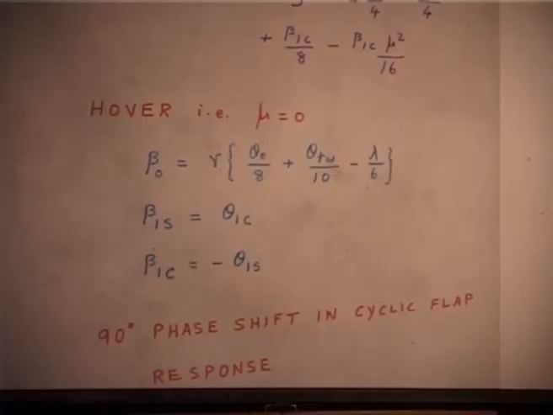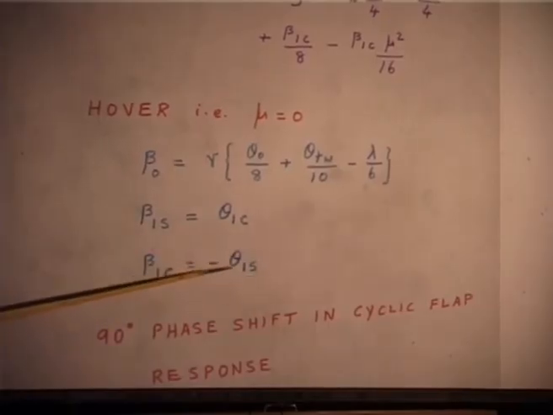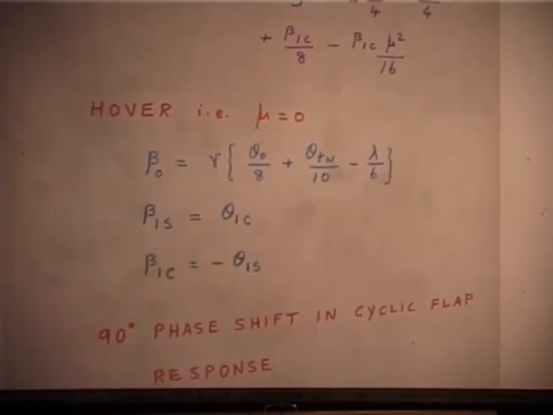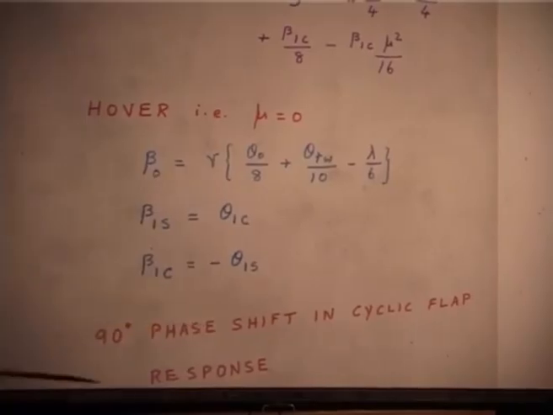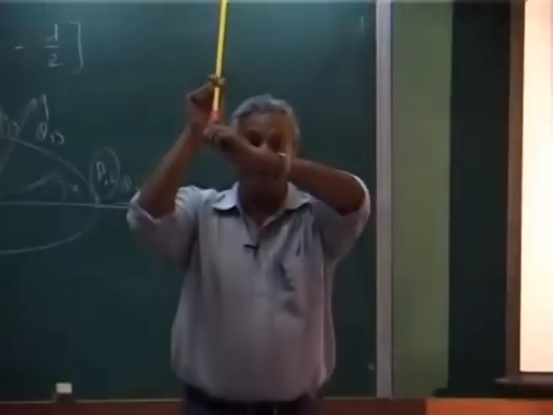Whereas, if my theta 1 S is negative, negative means I am reducing my pitch angle at 90 degree, then what? Beta 1 C is positive, that means the blade will go up.